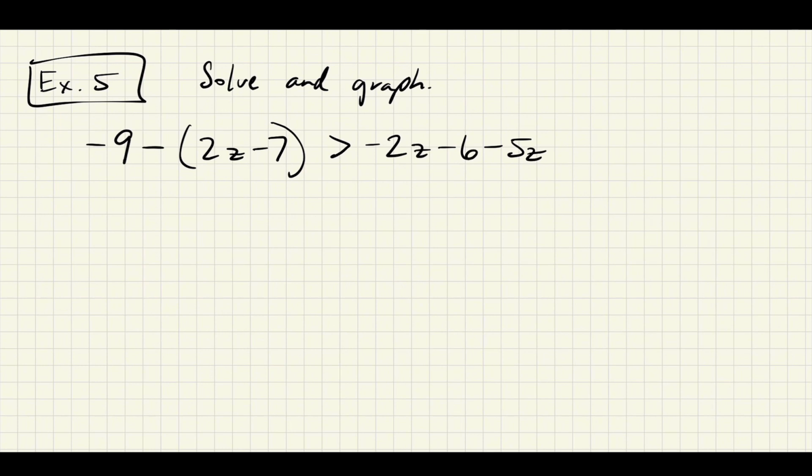Okay, so those are z's, those things that look like 2's with a line in them. I draw my z's with a line in them because you can tell the difference between a 2 and a z. So negative 9 minus, and then in parentheses, 2z minus 7, greater than negative 2z minus 6 minus 5z. Okay?